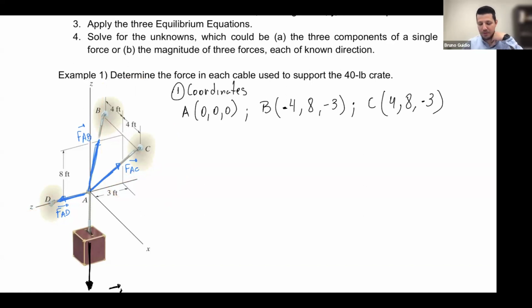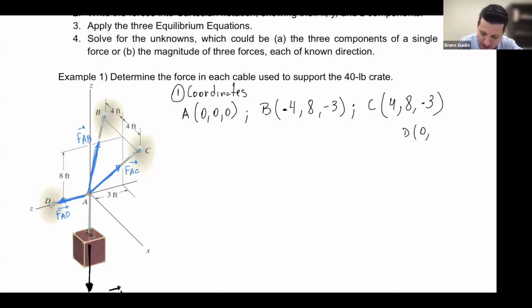Now, you can ask me, Bruno, what about point D? Well, guys, this is a special case. If you have to write D, what is X? 0. It's right here, the orange. What is Y? 0. And what is Z? Well, Bruno, I don't have Z. I cannot see Z here.